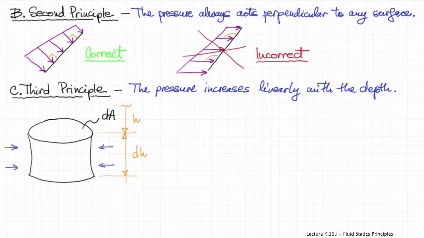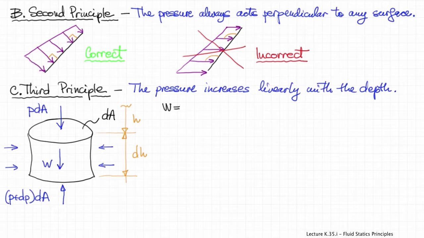So this element is within the fluid, so it's acted upon by pressure all around. The pressure acting on the top surface will be equal to P times dA, and the pressure acting on the bottom surface will be equal to P plus an increase of pressure dP times dA. And of course, the third force acting on this element is its own weight.